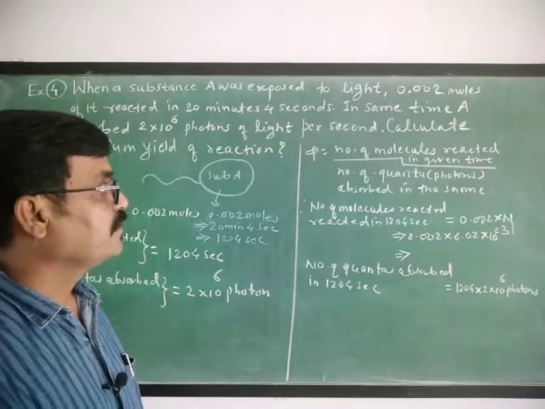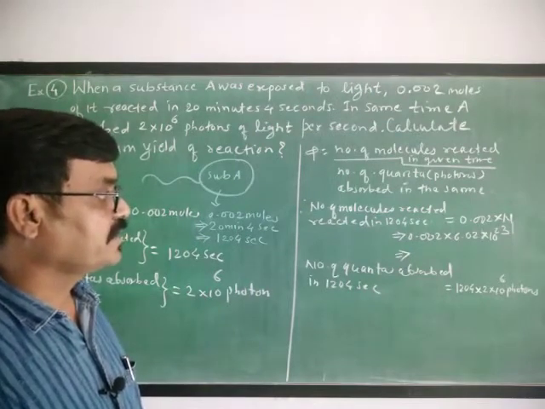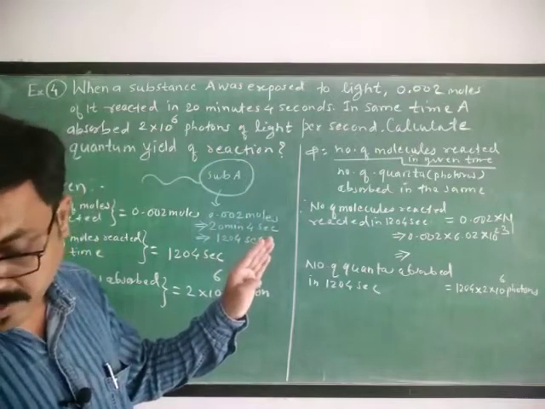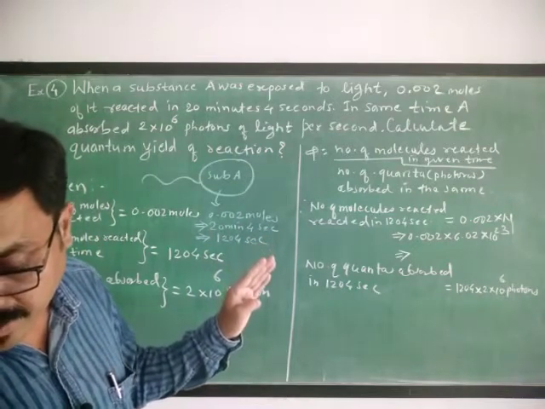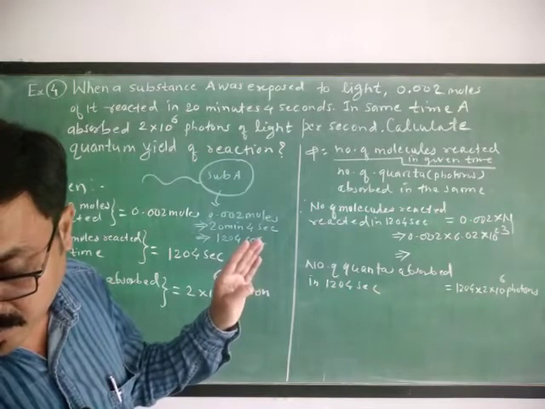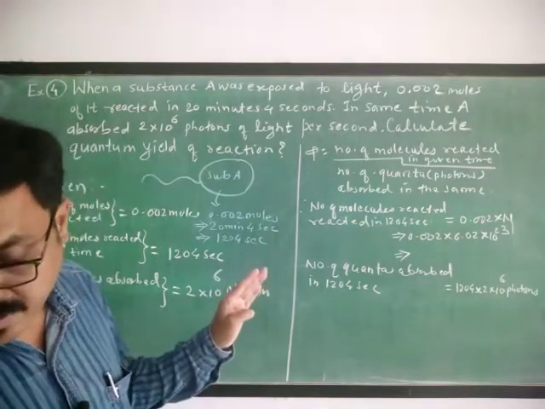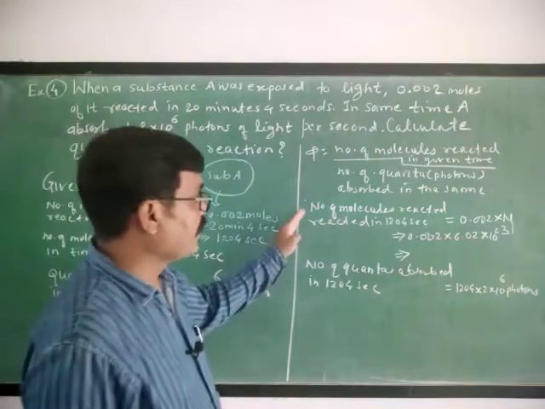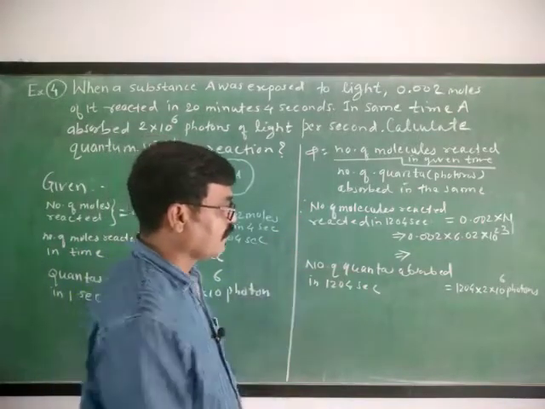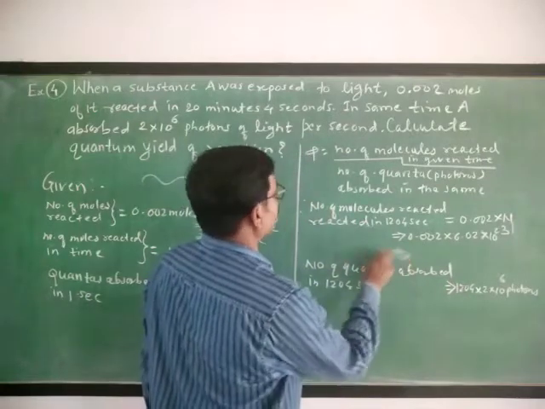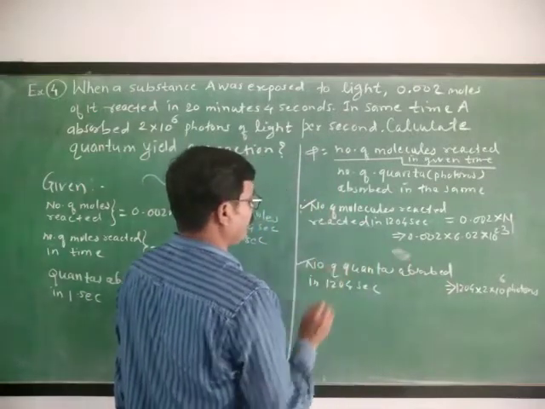That's why the number of molecules reacted is 0.002 multiplied by 6.023 into 10 raised to power 23. Now the denominator becomes number of quantas absorbed. You know both the terms, numerator and denominator.